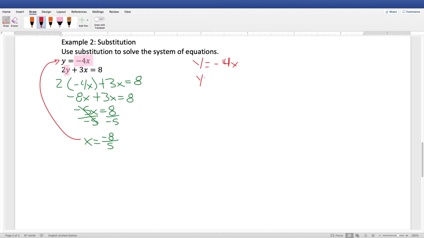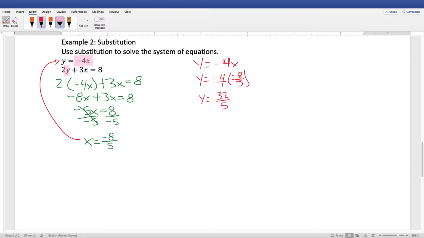So y is equal to -4 times -8 over 5. Now we're just going to simplify. Take the top times the top, the denominator times the denominator. This is the same thing as -4 over 1, and y is equal to 32 over 5.